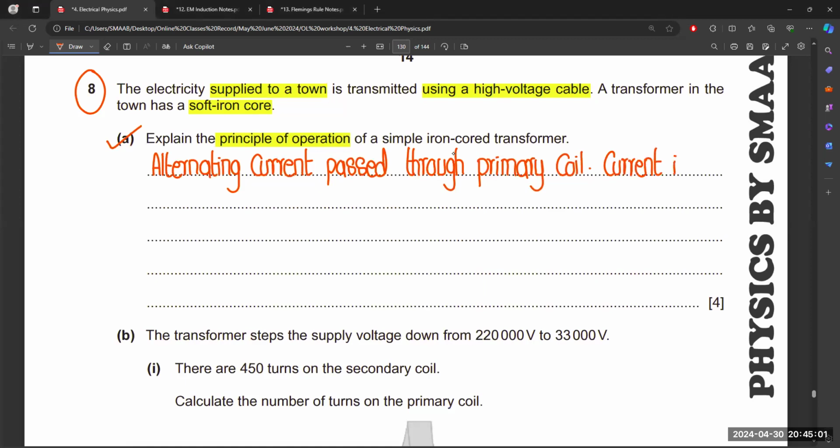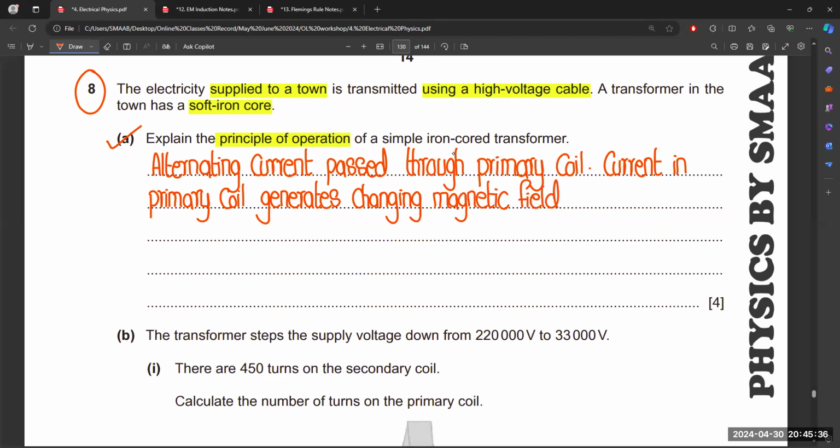So current in the primary coil generates a changing magnetic field in it.